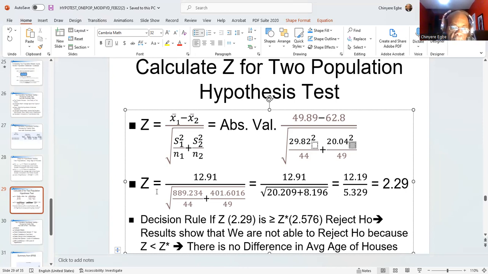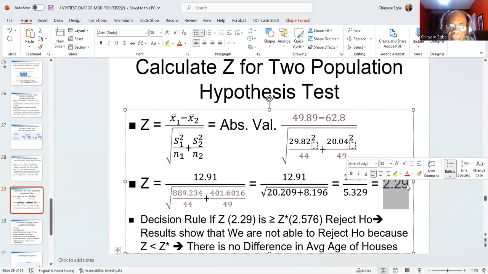Okay. And so the calculated Z will be 12.91 divided by the arithmetic that you see there, and the calculated Z will be 2.29. And so the decision rule is that if the calculated Z is greater than Z star, we reject the null hypothesis.